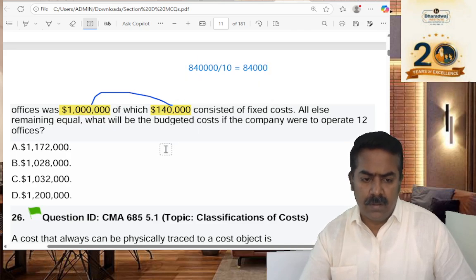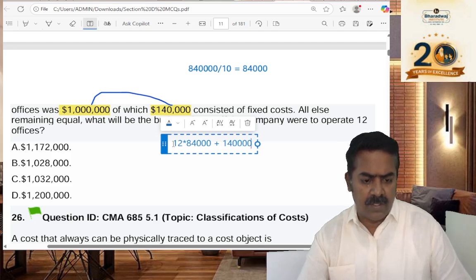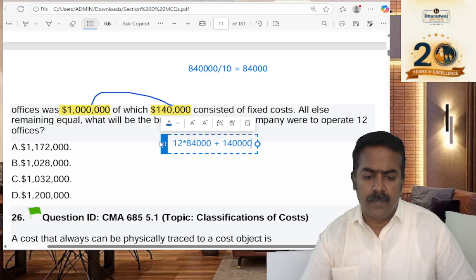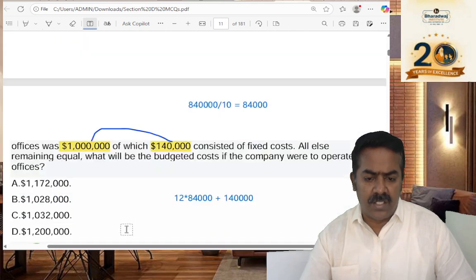Option A. So, what will be the budgeted cost if they operate 12 branches? So, it will be like 12 into 86,000 plus fixed cost 1,40,000. This is the total cost for 10 offices. So, this total cost will include this fixed portion.